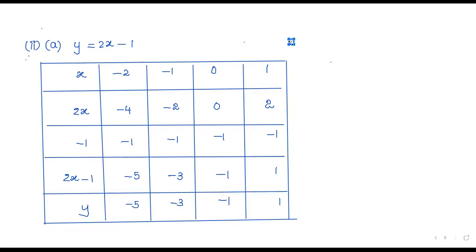Double check the answers whether we did it correctly. Negative 2 becomes negative 4. Negative 4, negative 1, it is negative 5. Negative 1 becomes negative 2, negative 2, negative 1, it is negative 3. Then 0, it is 0, 0, negative 1, the answer is negative 1. 2 times 1, 2, 2 minus 1, the answer is 1.